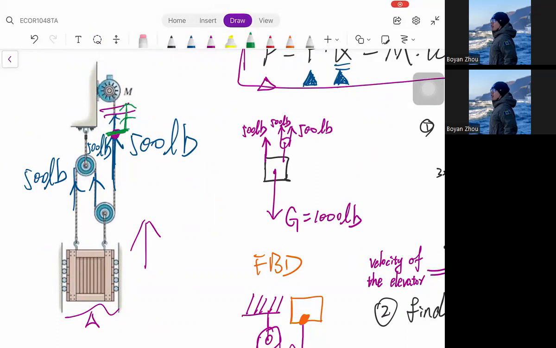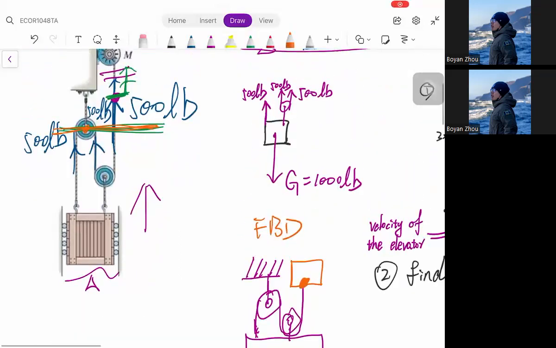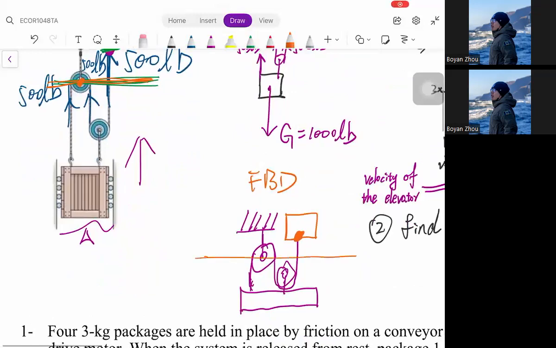So the good practice is we pick a point that is never going to move. So why don't we pick this one? For now, I'm going to pick this pulley as the reference point.